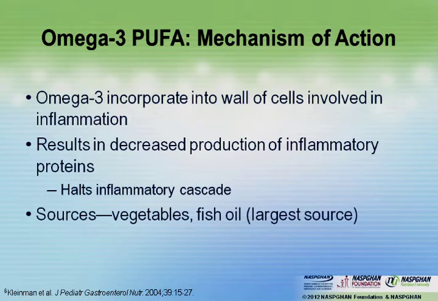It's incorporated into the wall of cells involved in inflammation, and it's thought to reduce the production of inflammatory properties, halting the inflammatory cascade. Vegetables have some omega-3s present, but fish oil is actually the largest source of this product.